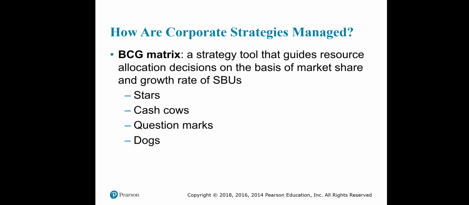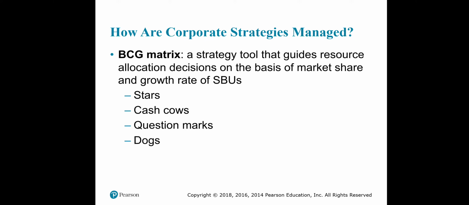the BCG matrix, was developed by Boston Consulting Group, hence the BCG, and introduced the idea that an organization's various businesses could be evaluated and plotted using a 2x2 matrix to identify which ones offered high potential and which were a drain on an organization's resources.